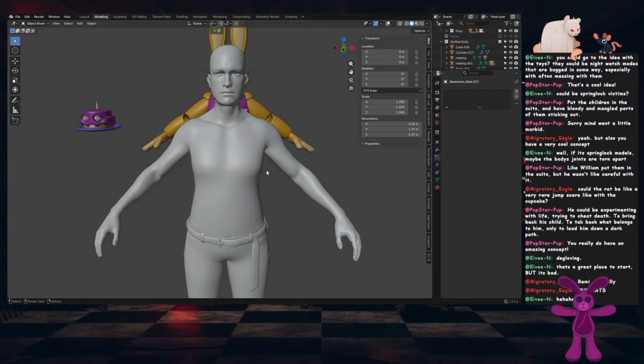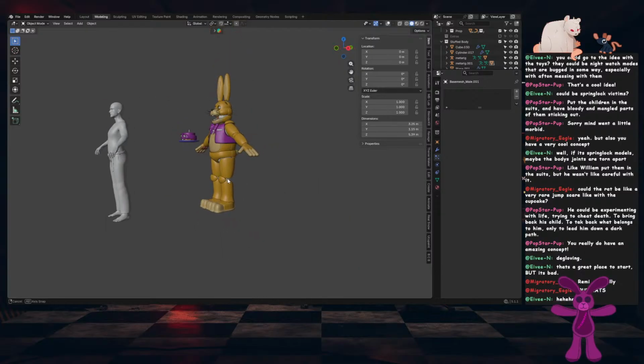Wish there was an easier way to mangle bodies for Blender. Also, an easier way to make clothing and bodies in general.